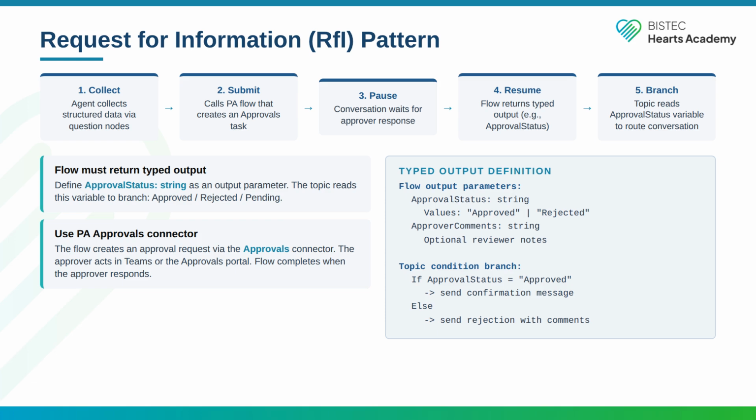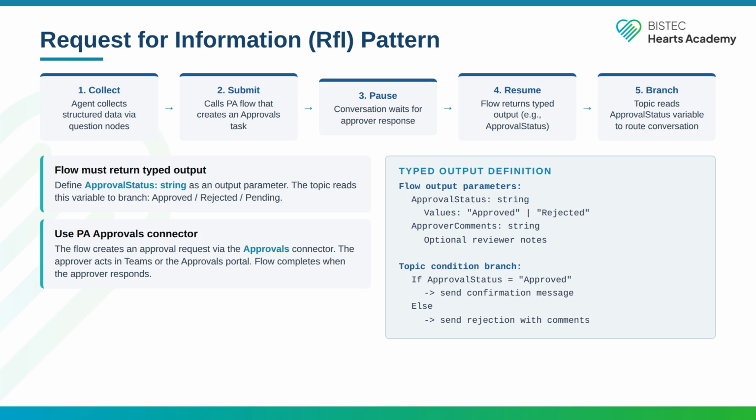The typed output requirement is not optional. The flow must declare approval status as a string output parameter with defined values. If the flow returns an untyped or improperly typed output, the condition branch will not evaluate correctly. It will always take the else path, and approvals will be silently rejected regardless of the approver's actual decision.